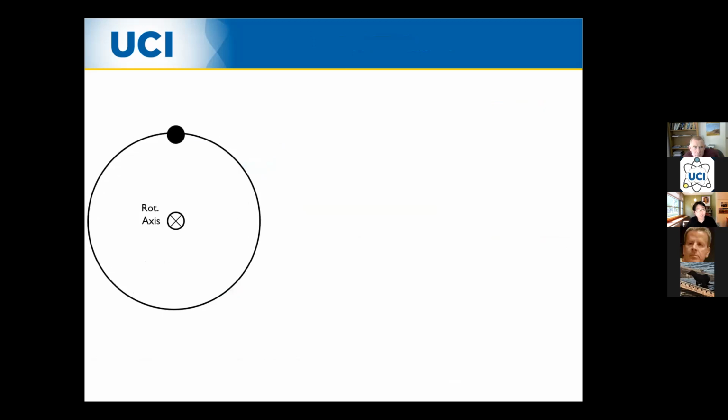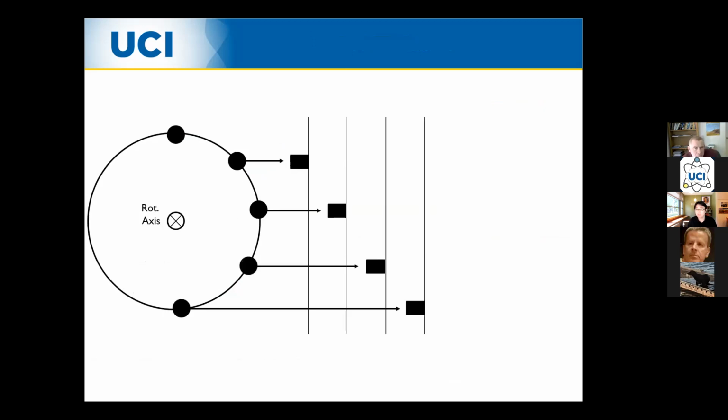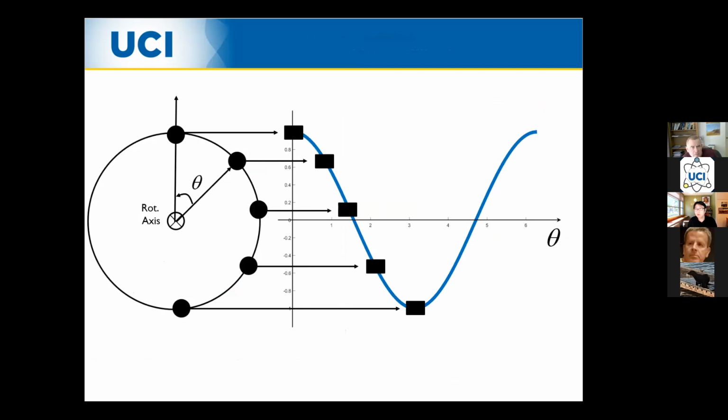So one way to look at tomography data is this way, right? You have an object rotating around the axis, and you're taking projection images. If you plot it as a function of rotational angle, you find that this image follows a sine curve. That's called a sinogram in tomography or in CT.